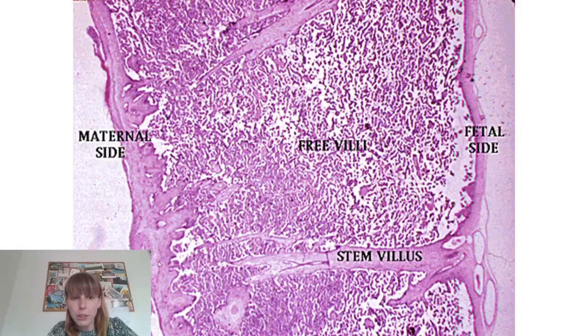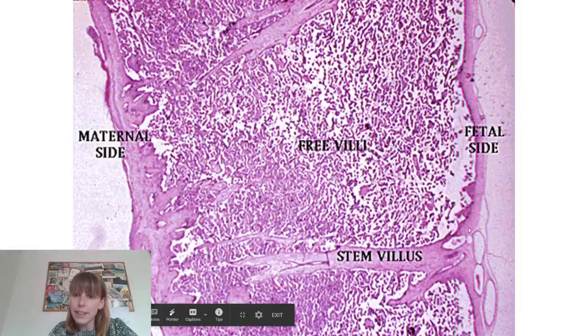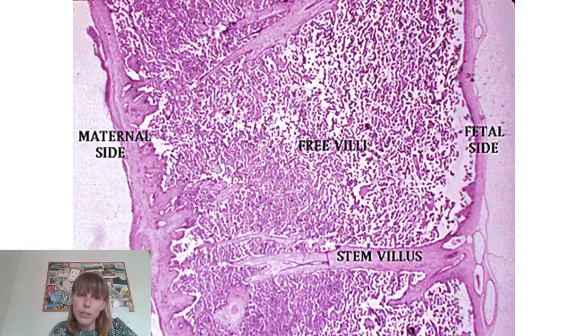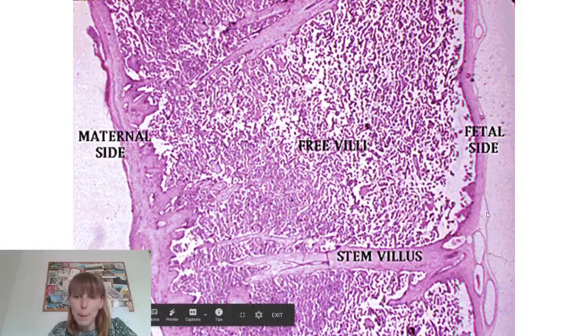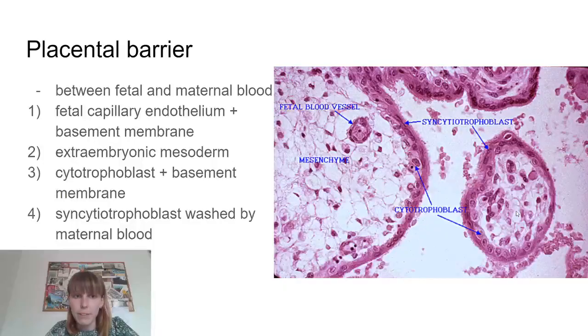So we will take a look at this in a while. The maternal side will have the decidual cells that we have already seen. The fetal side will be the chorionic plate with the villi coming out of it, and some of them reaching the maternal side, and those will be called the anchoring villi.